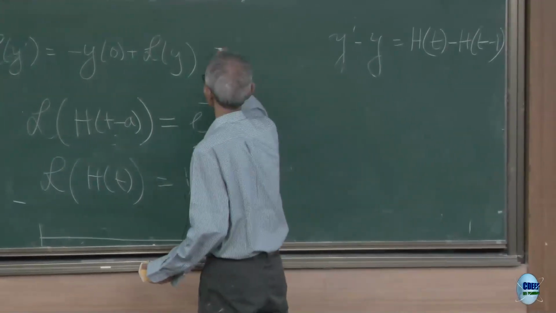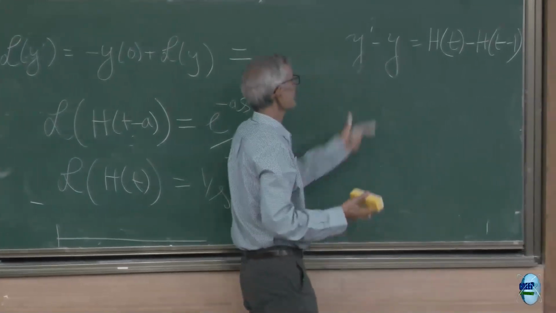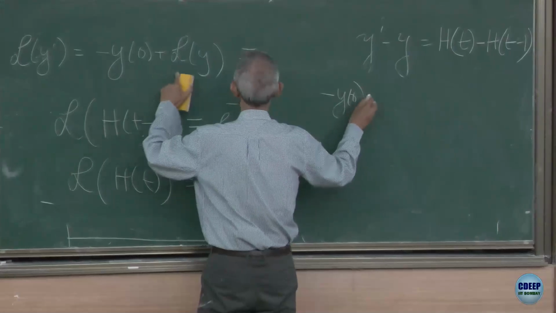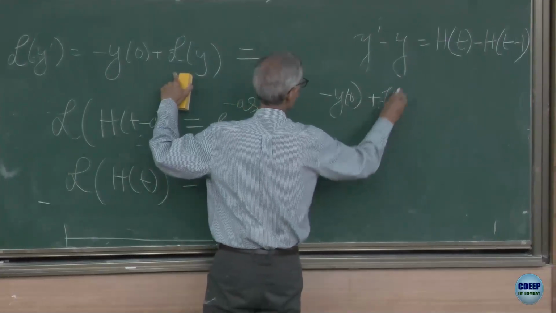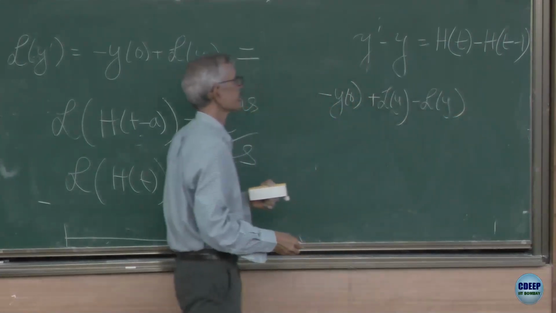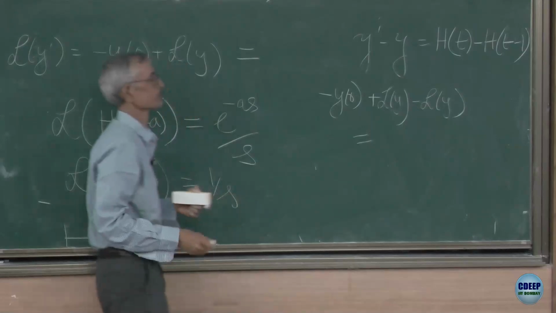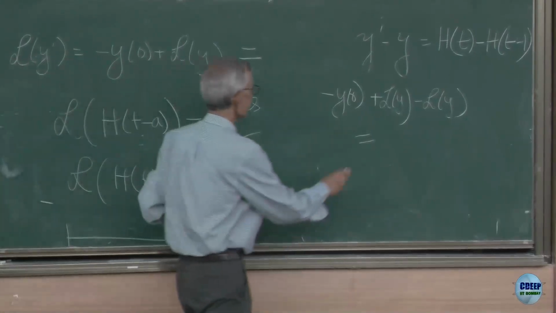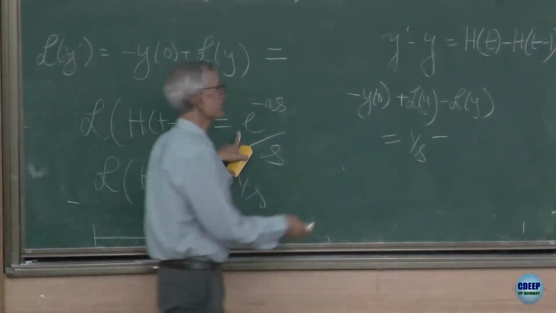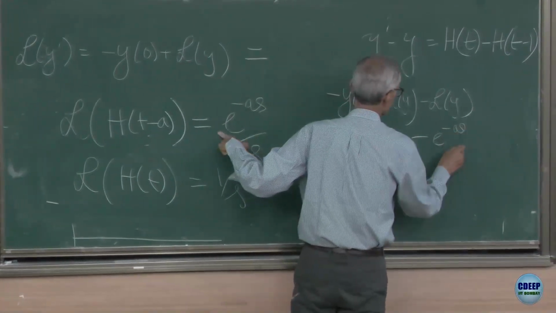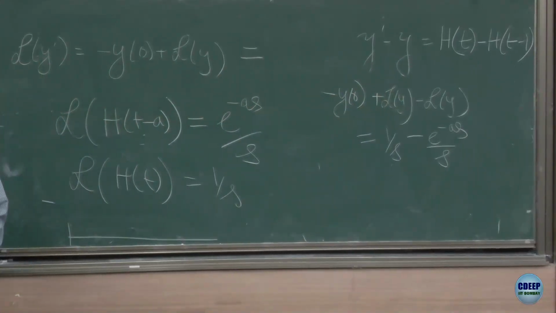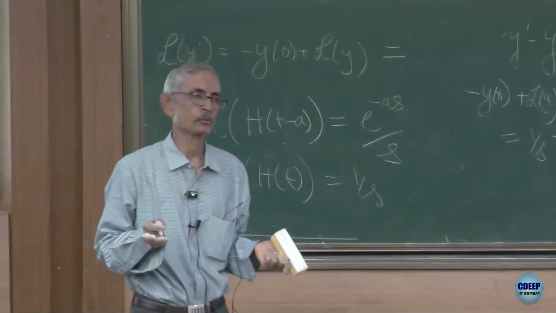So now Laplace of y prime is minus y0 plus s Laplace of y, minus Laplace of y, is equal to H(t) 1 by s minus H(t minus 1) e to the minus as by s. Okay. I've just taken the Laplace transform on both sides.